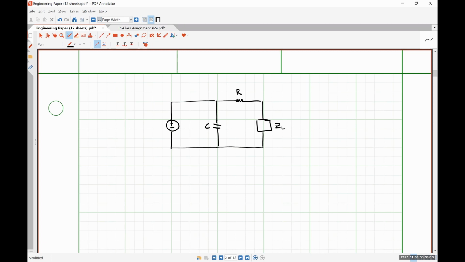Let's go back over here. So let's see. The load is operating at 14.8 kVA with a power factor of 0.53 lagging.